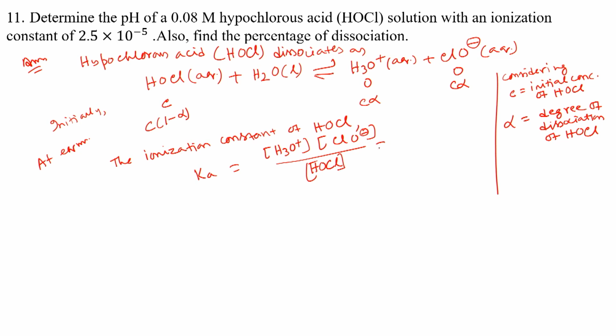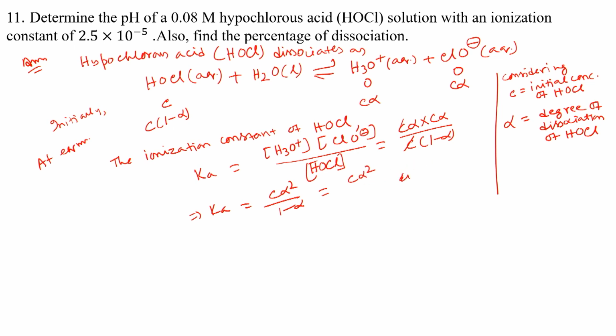Now, what is the concentration of H3O plus? H3O plus at equilibrium is C alpha. The concentration of ClO minus is also C alpha. So C alpha times C alpha by C times 1 minus alpha. Again C gets cancelled, so we get Ka is C alpha square by 1 minus alpha, and like before we can actually calculate the value of alpha.